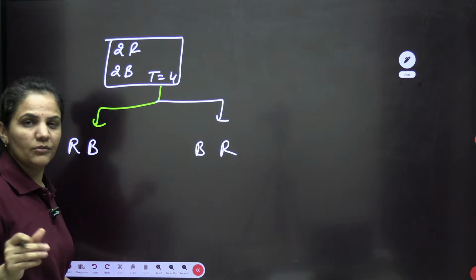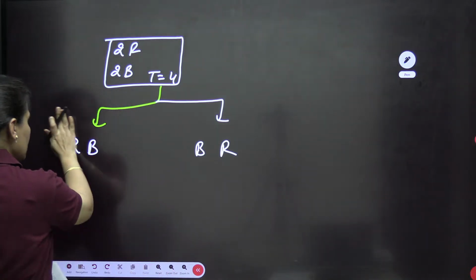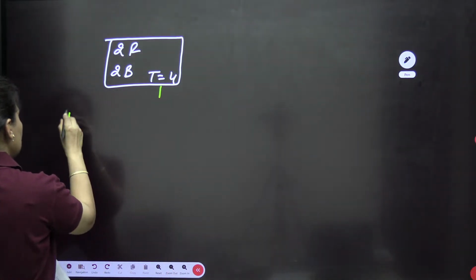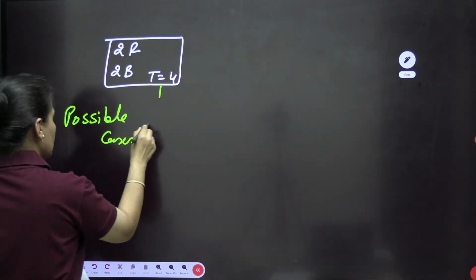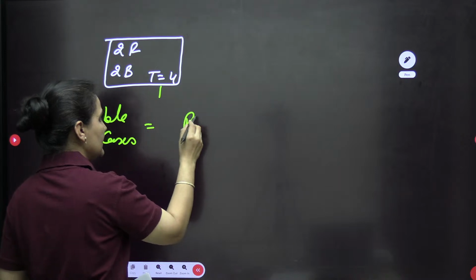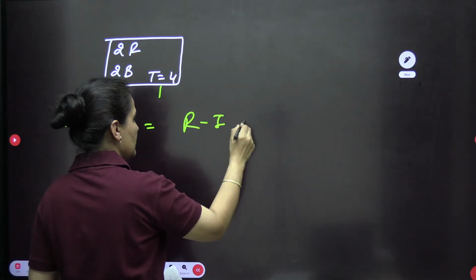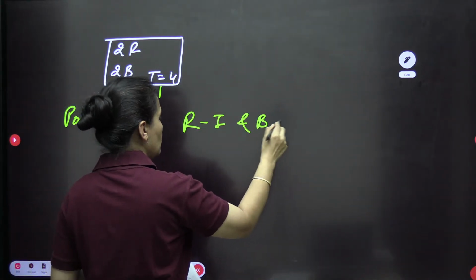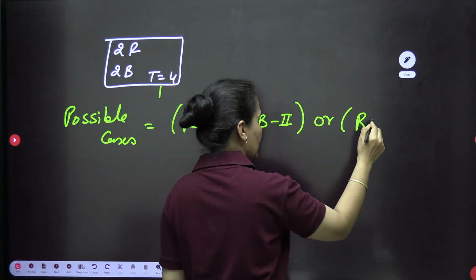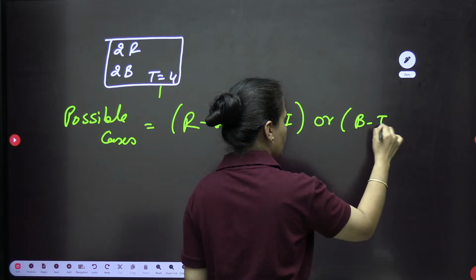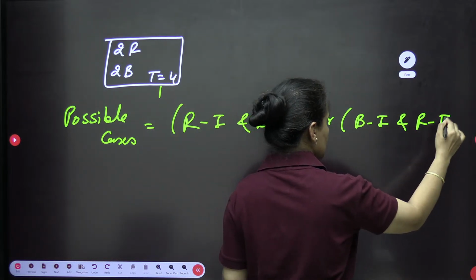It's talking about the first and the second draw, right? So you can write down directly here the possible cases. In the first draw I am getting red and in the second draw blue, or it is possible to have blue in the first and red in the second draw.